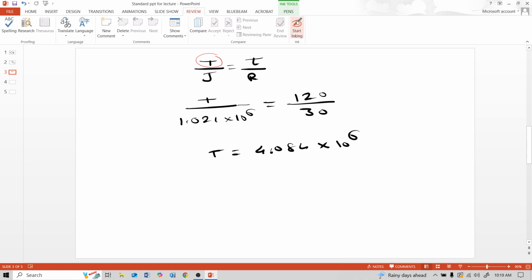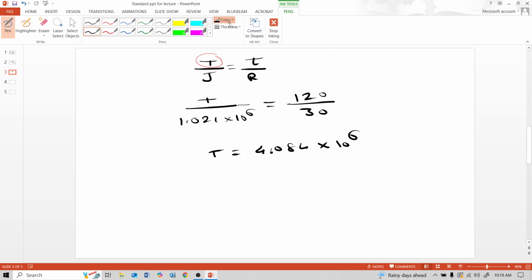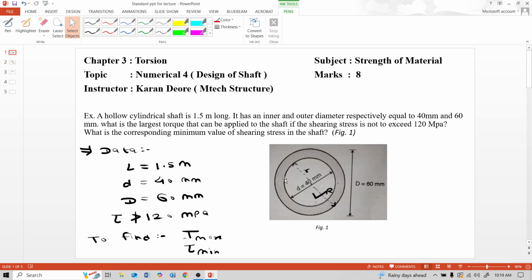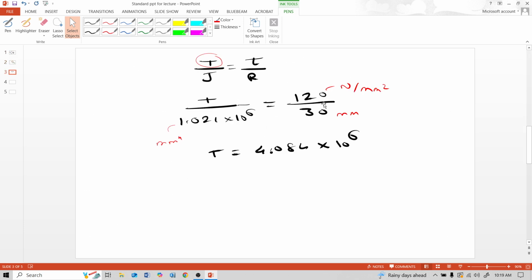The unit: J is in mm raised to 4, tau is in MPa, that means Newton per mm square, and R is in mm. So the unit is Newton mm.